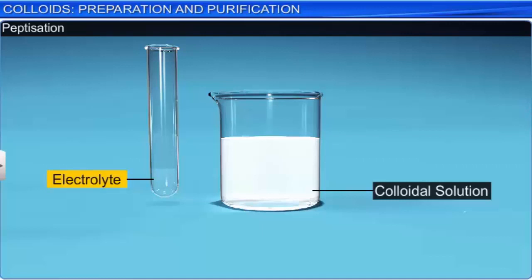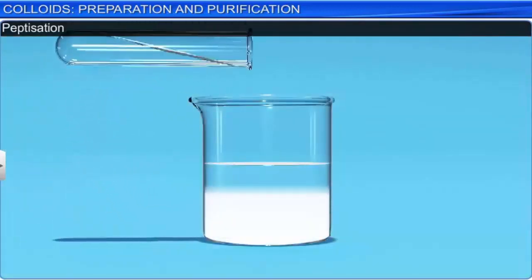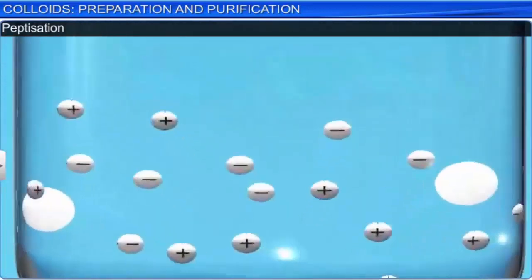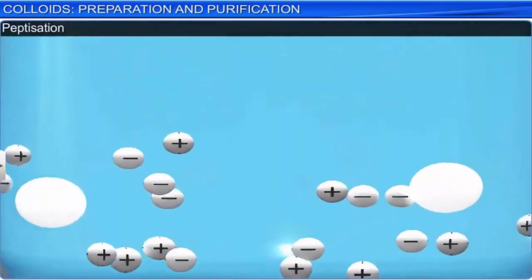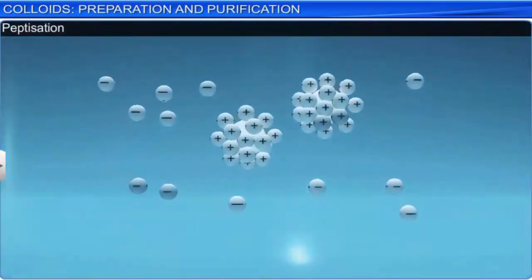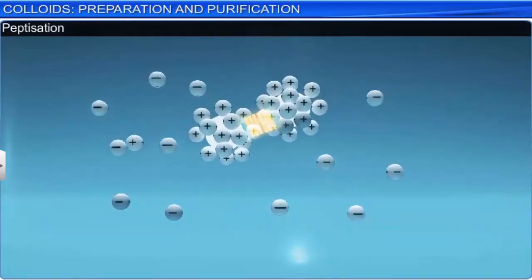This process involves the preferential adsorption of suitable ions from the electrolyte by the particles of the precipitate to form charged species. These charged species repel one another, and as a result, the precipitate disintegrates into colloidal-sized particles.